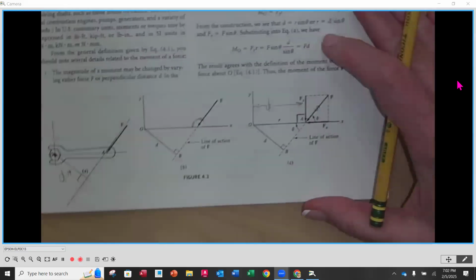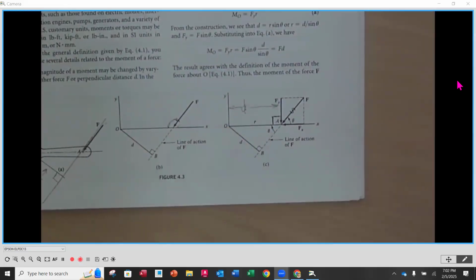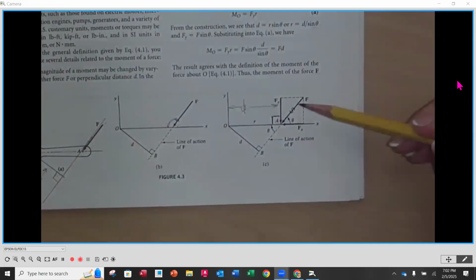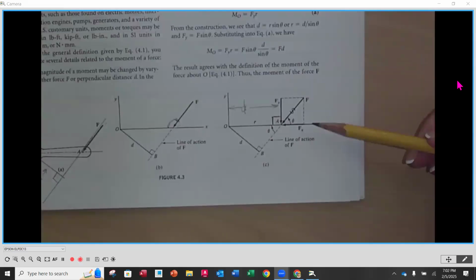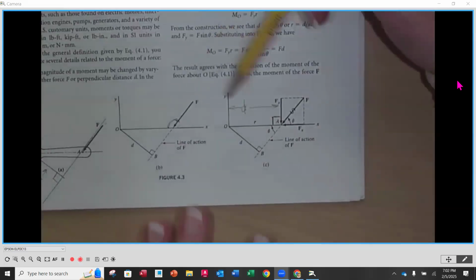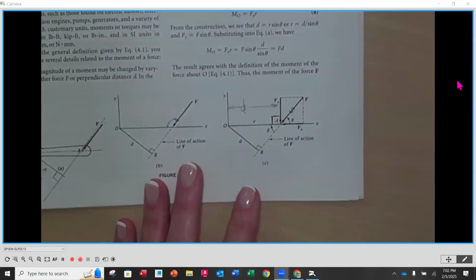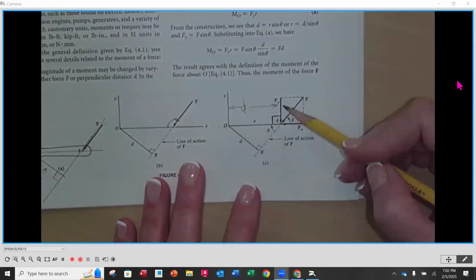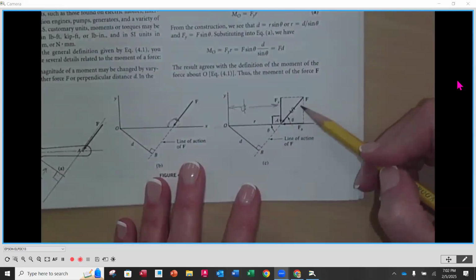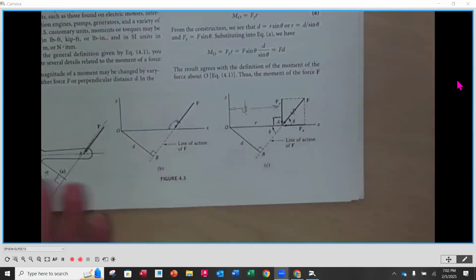Another way that we can deal with these is if we have a force at an angle, we already have experience breaking those forces into X and Y components. Now our distances are going to be perpendicular, along the actual axis of the wrench to the Y component, rather than dealing with the hypotenuse.